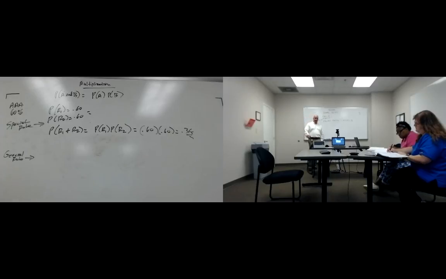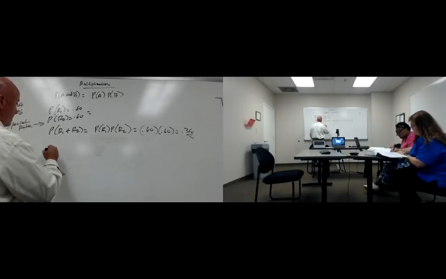It states that for two events, A and B, the joint probability that both events will happen is found by multiplying the probability that A will happen by the conditional probability that B will occur given that A has occurred. So here's how we write this.